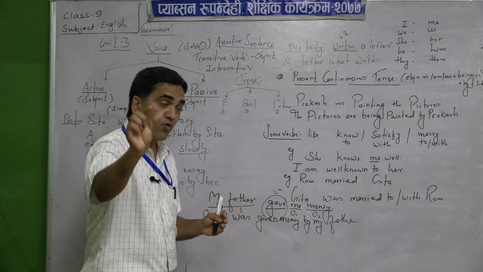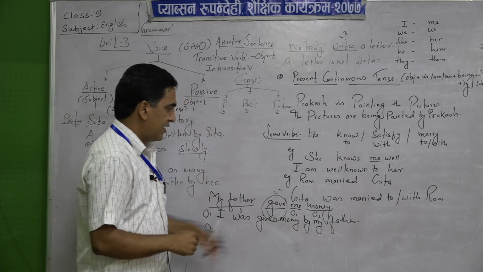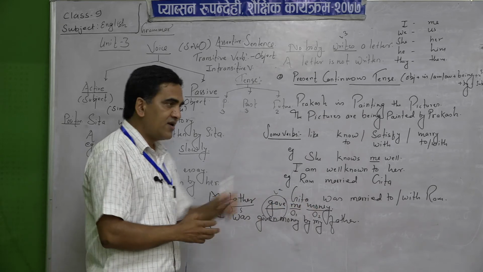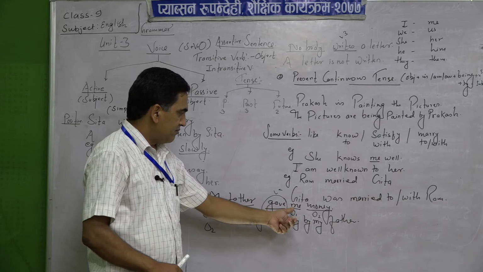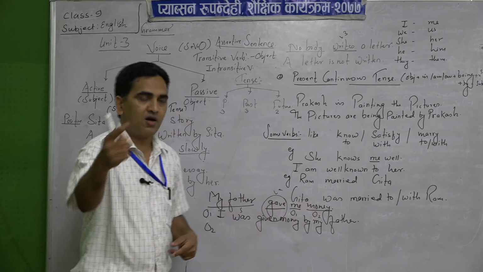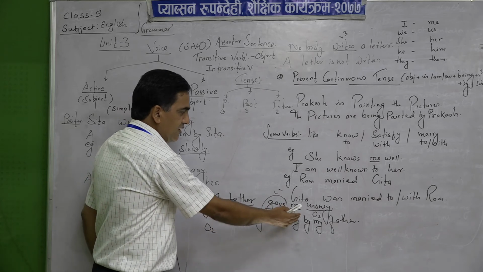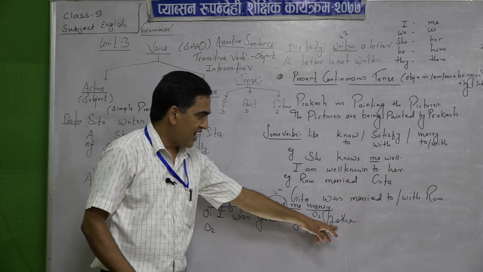Another important sentence has two objects. You can change it according to the first object or the second object. Just like, my father gave me money. Me is the first object, money is the second object. According to the first object: I was given money by my father. This is the agent.